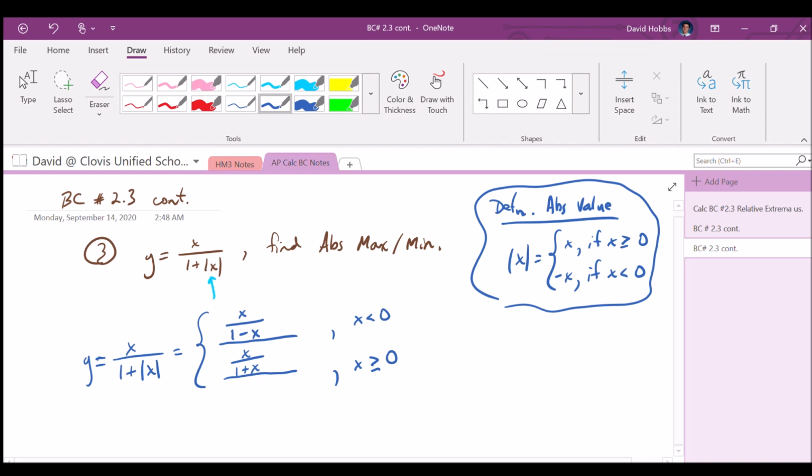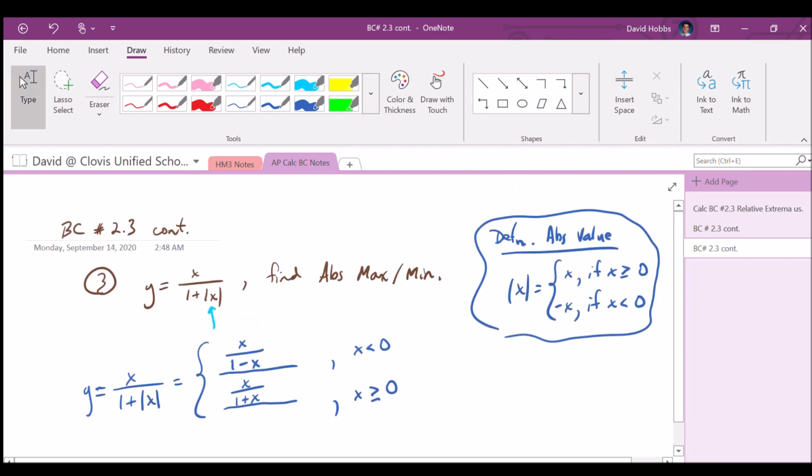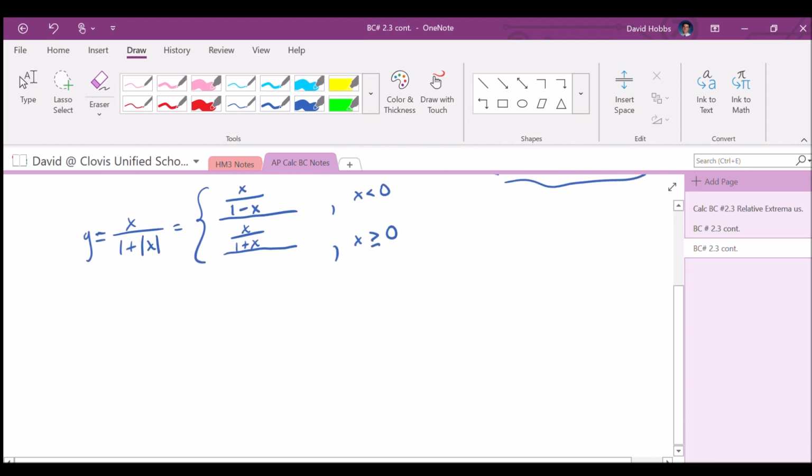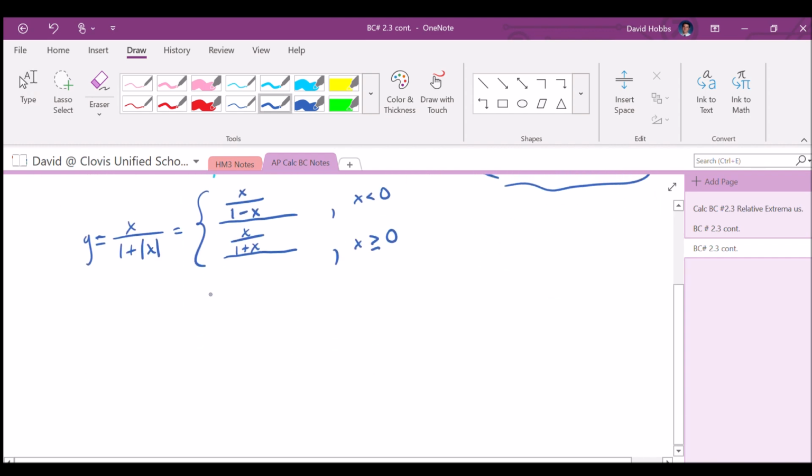Okay, so let's do a quick sketch of the graph here. Now for the values of x that are going towards negative infinity, what's the limit of this expression as x goes to negative infinity?